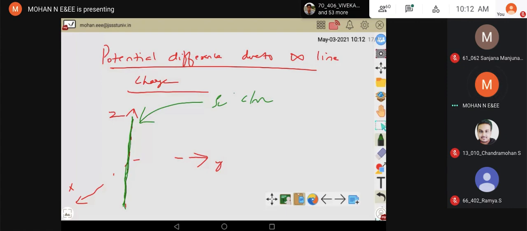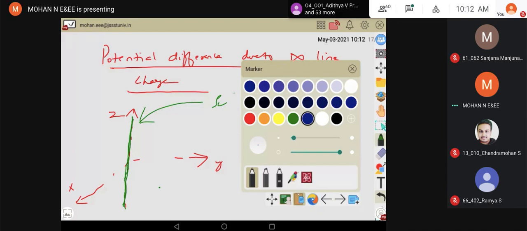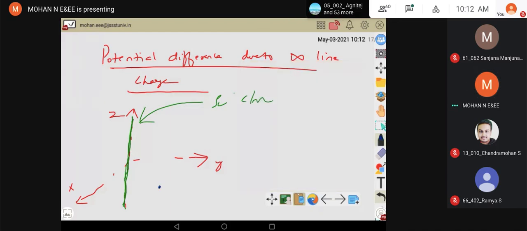And I am interested in finding the potential difference between A and B, due to this infinite line charge.